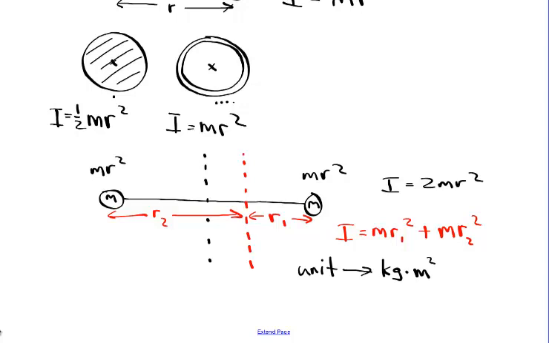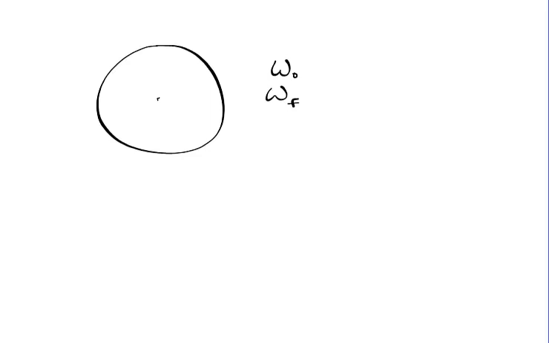Now you could be asked to do problems that incorporate ideas that we've done before with this new idea. Let's say you had a problem involving a spinning object, and some of the things you knew in this problem were the initial velocity of the object, the final velocity of the object, the torque being exerted on the object, the net torque I should say, and the moment of inertia of this object. And you were being asked to find the time it would take to get from this initial speed to this final speed.